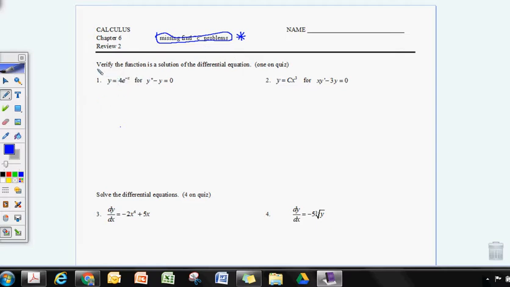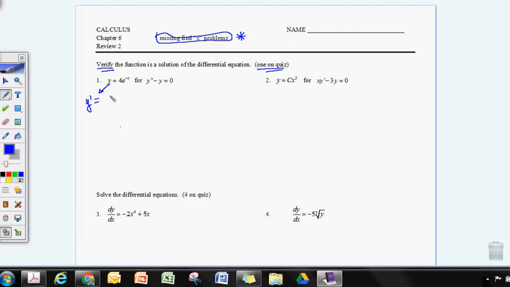So, the first kind of problem, we are going to verify that the function is a solution. There is one of these on your quiz, quest, test, whatever you want to call it. So remember, step 1, I'm verifying that this is a solution. So the first thing I'm going to do is take its derivative.